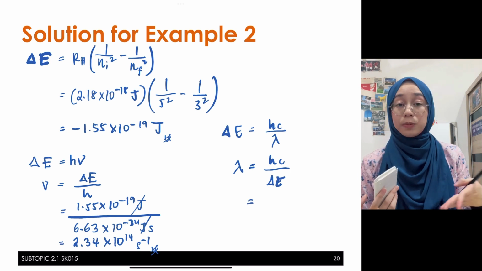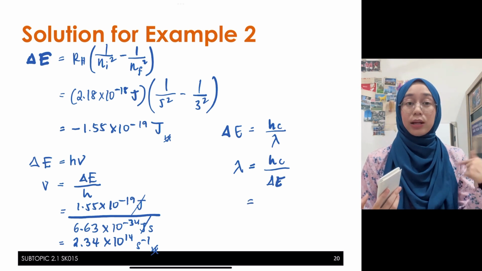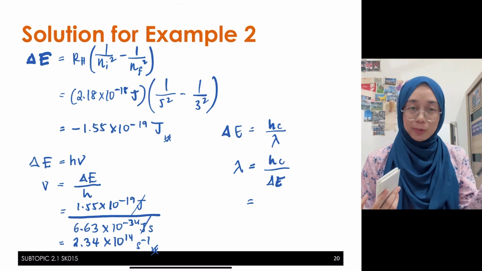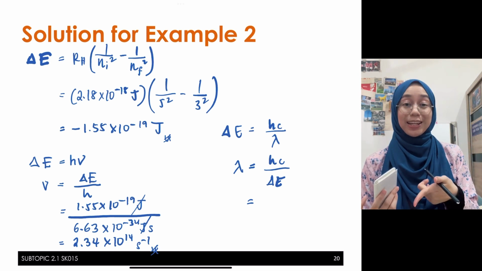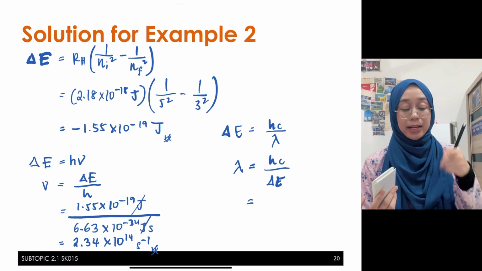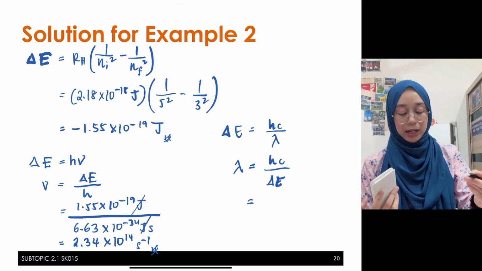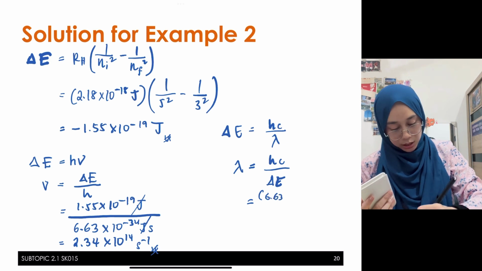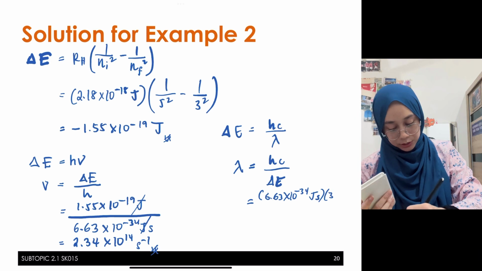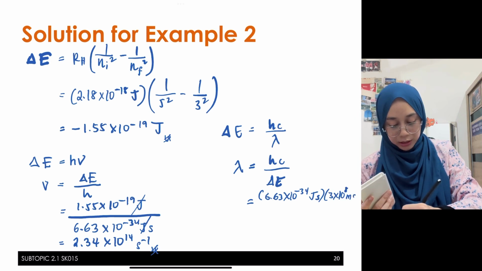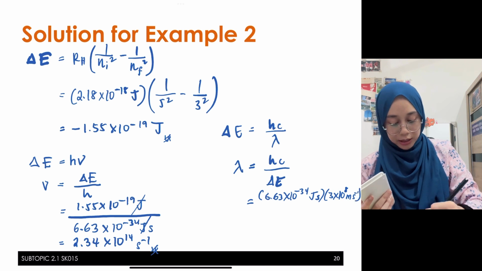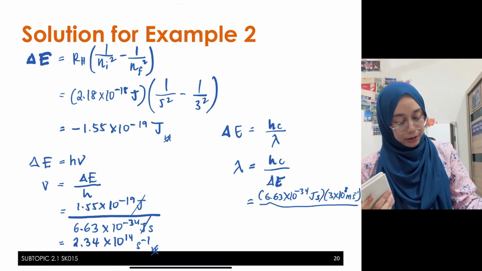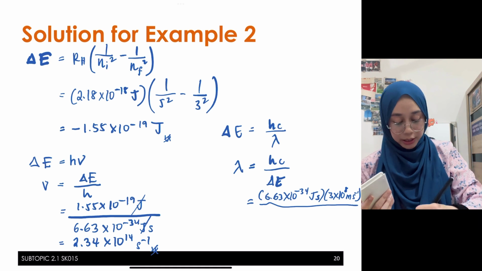So untuk ini ada dua option lah kamu nak pakai. Sama ada yang formula yang satu lagi yang Miss tak ingat tu, ataupun you can use this formula here. Okay, so ada dua option untuk selesaikan yang wavelength ni. Okay, so kat sini Miss masukkan value tu dan so 6.63 exponent negative 34 joule second darab dengan 3 exponent 8 meter per second, and then divide by energy kita tadi 1.55.